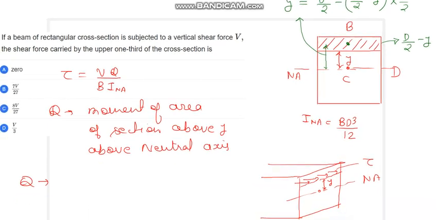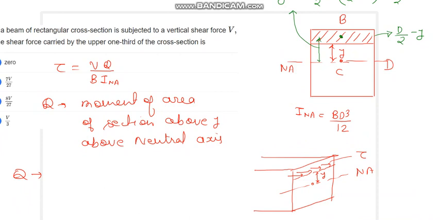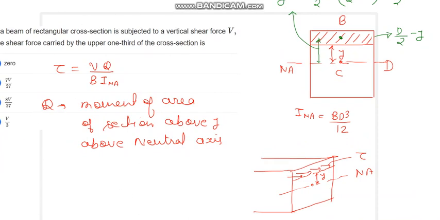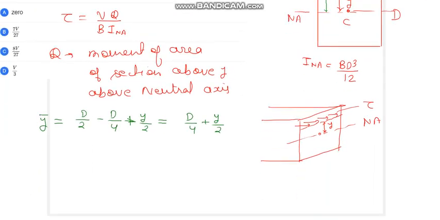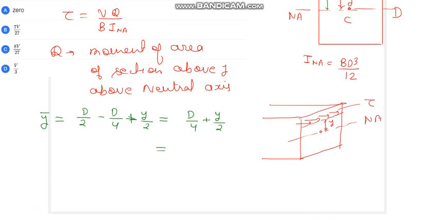Simplifying, y bar equals D by 2 minus D by 4 plus y by 2, or D by 4 plus y by 2, or (D plus 2y) by 4.